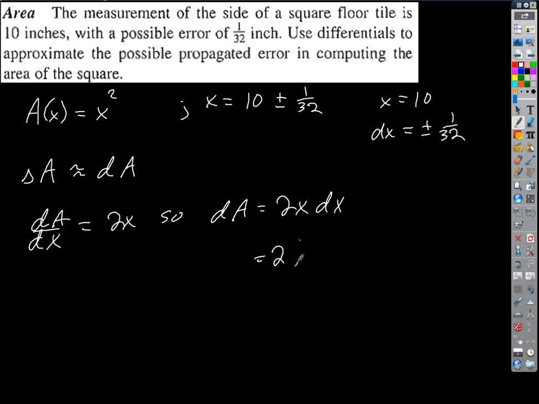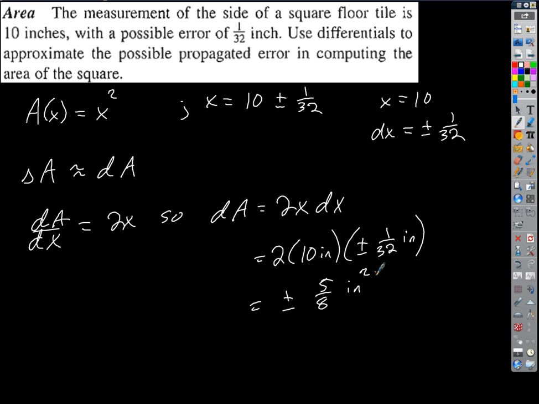So we get 2 times 10 inches times plus or minus 1/32 of an inch equals plus or minus what? 20/32. What's that work out to be? 5/8. And what are my units going to be? Square inches, good, or inches squared. Okay, so that's our propagated error.